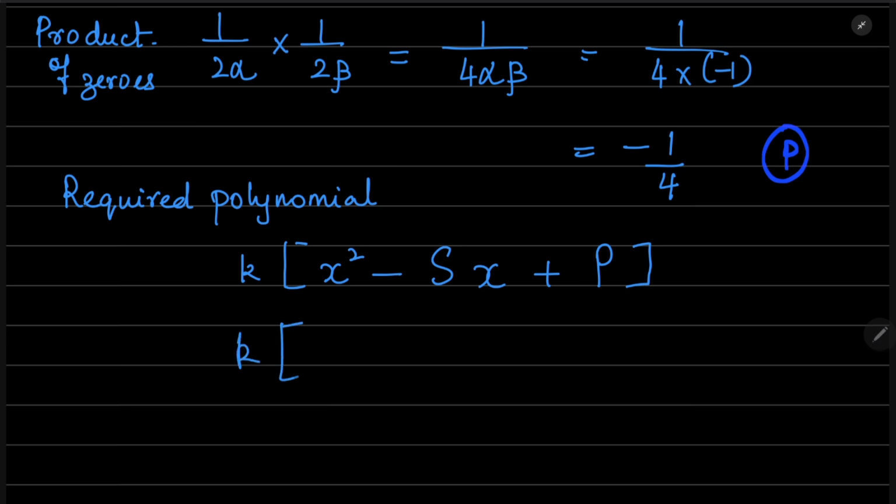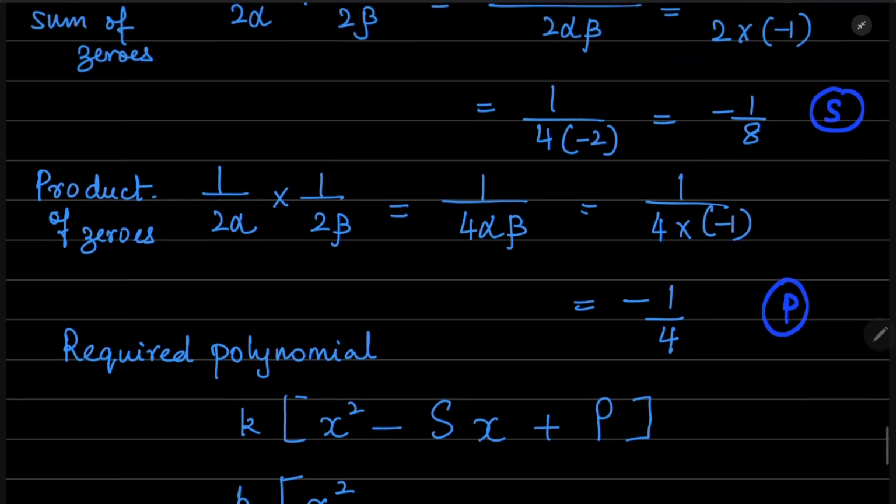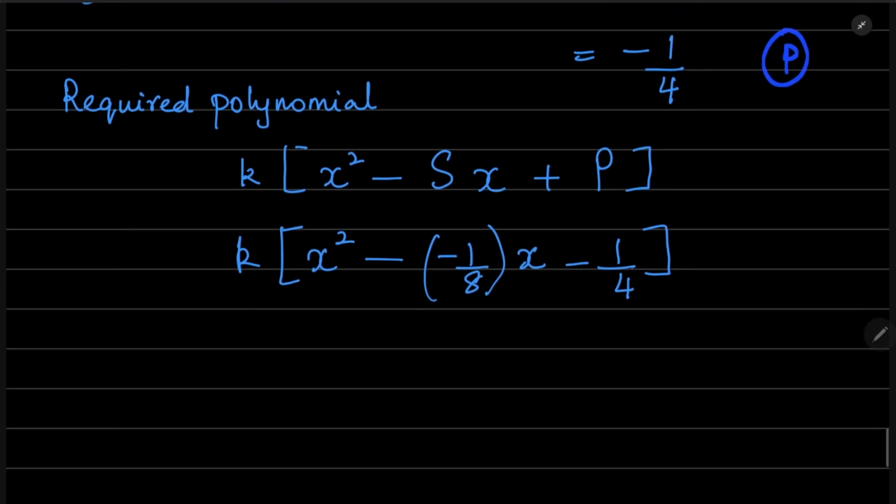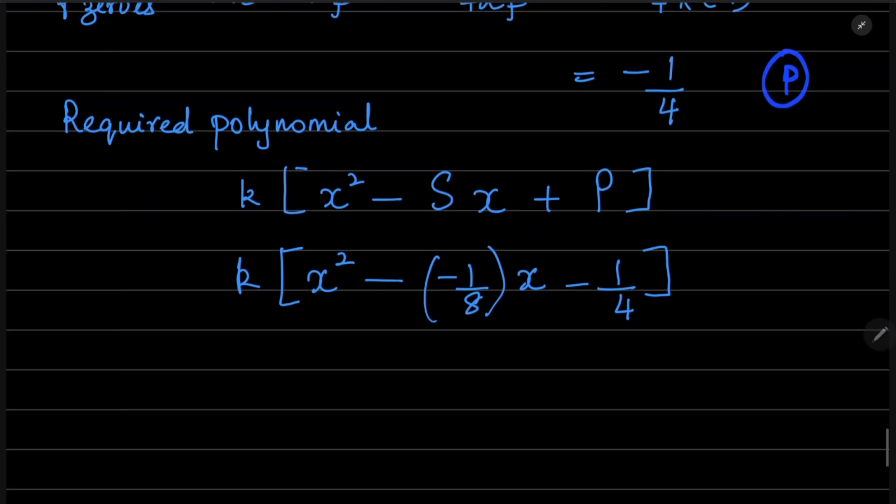So k multiplied by x square minus, the sum of the zeros being minus 1 by 8, into x plus the product, which is minus 1 by 4. You can either leave it like this, or you can take the LCM 8, whole divided by 8, and you will have 8x square, minus into minus is plus, x minus 2.